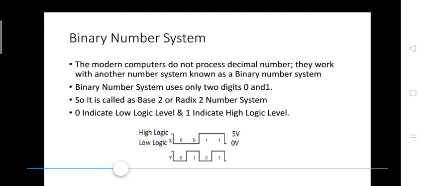In binary system, 0 indicates low logic level, 1 indicates high logic level. If you observe the following waveform, you find that it contains 0011. The 0 indicates low logic level, which corresponds to 0 volt. 1 indicates high logic level corresponding to 5 volt.